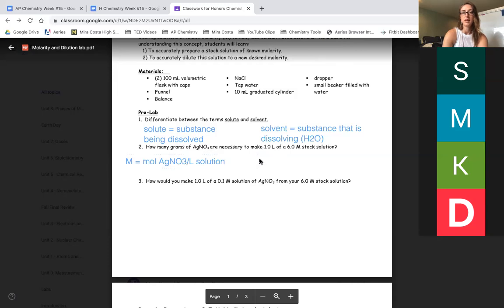So I can say that 6 is equal to some X number of moles divided by 1 liter, and then we should be able to solve for X. It's going to equal 6 moles, right? Silver nitrate.